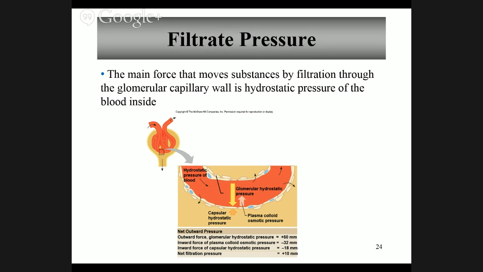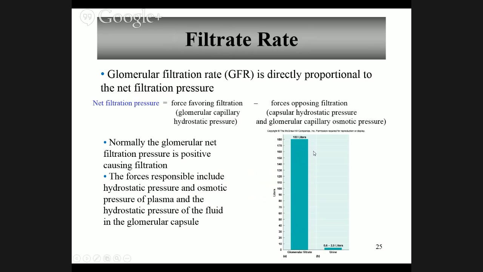So you take the outward force and subtract the inward force of the plasma osmotic pressure and the capsular hydrostatic pressure, and you get a net filtration pressure of 10 millimeters. The filtration rate is directly proportional to the net filtration pressure.